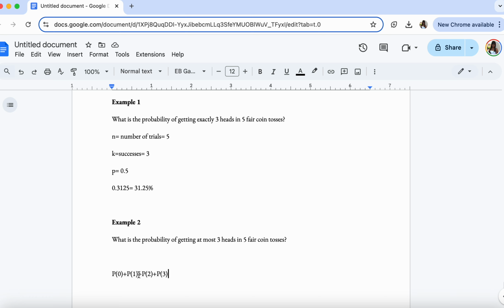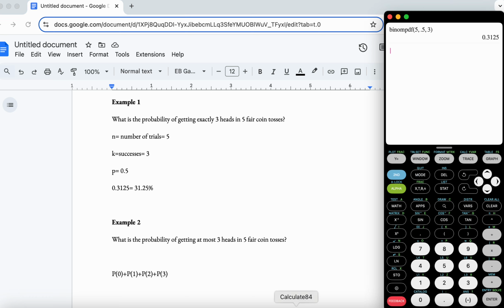But the quick way of doing this now is to just go into binomial CDF. And the C is for cumulative. So again, we go to second vars, we scroll down to binomial CDF, enter. And again, our values are the same here.